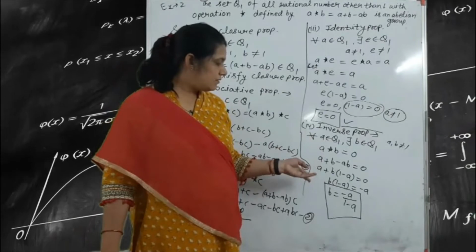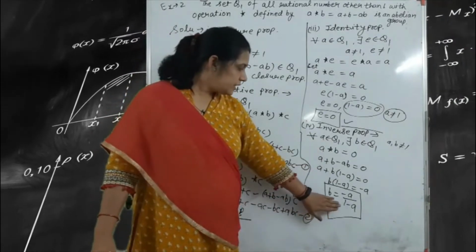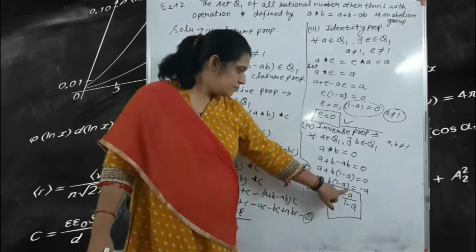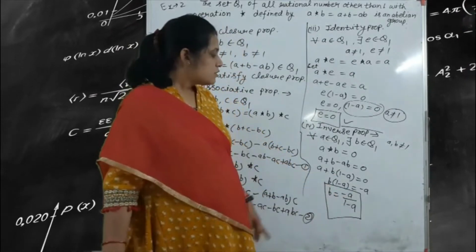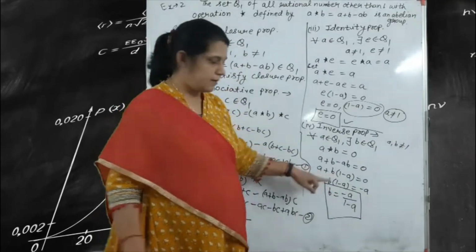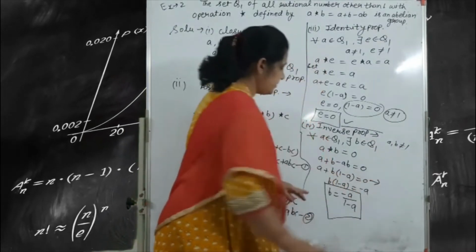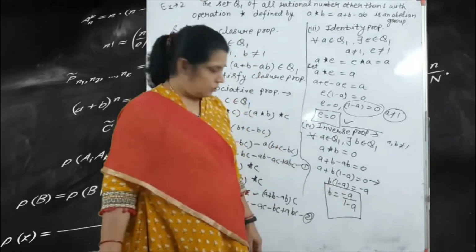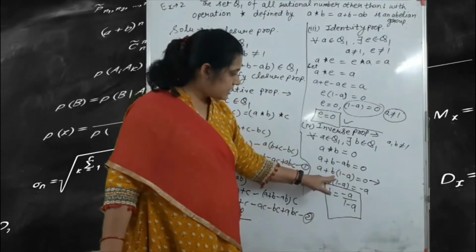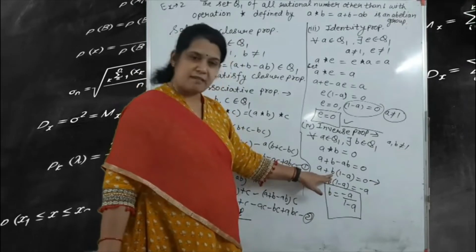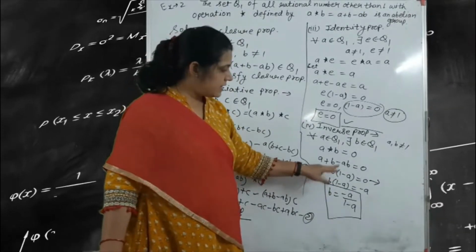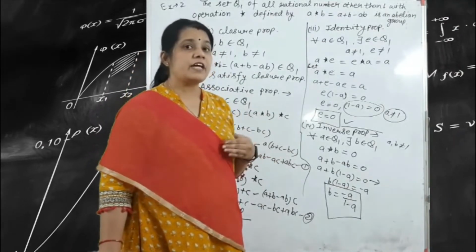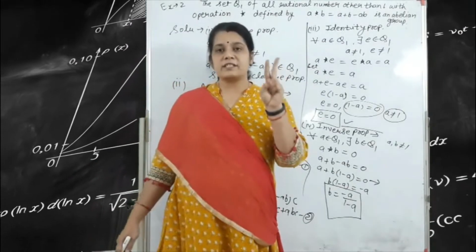If you have any confusion, put the value of B equal to minus A upon 1 minus A into the equation. Then 1 minus A cancels, and we get A minus A, which is equal to 0. So if you have any confusion about finding the inverse property, two points are very important.